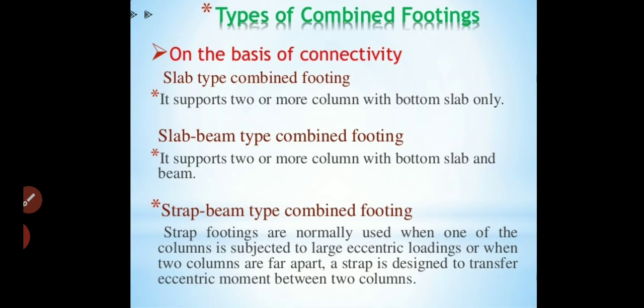The second is slab beam type combined footing. It supports two or more columns with a bottom slab and beam. Third, strap beam type combined footing. Strap footings are normally used when one of the columns is subjected to large eccentric loading or when two columns are far apart. A strap is designed to transfer eccentric moment between two columns.